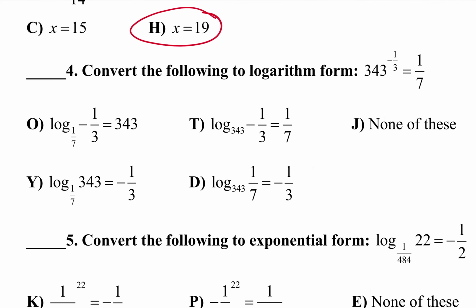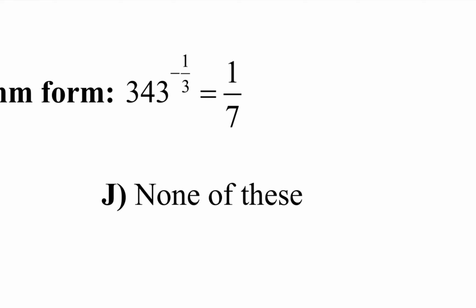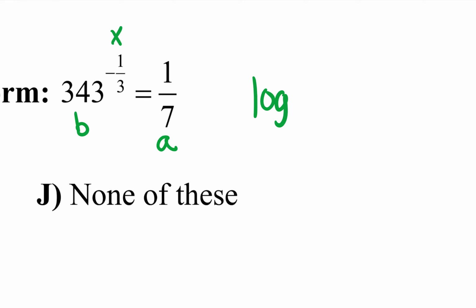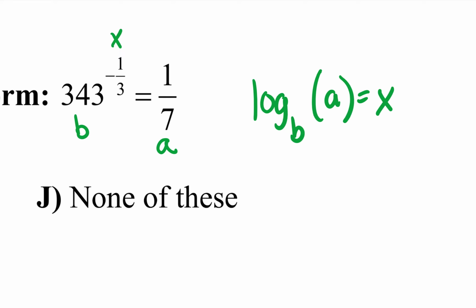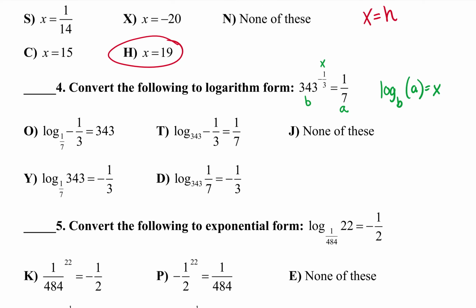Alright, 4. Convert the following to log form. Okay, well, if we convert, remember we have our base, our x, and our a. And to get a log, we want log base b of a equals x. So my 343 should still be my base.